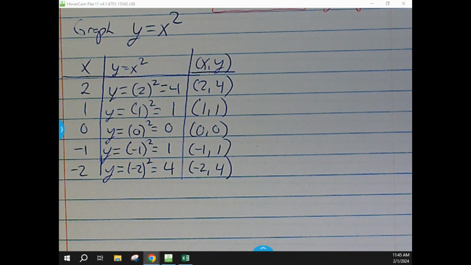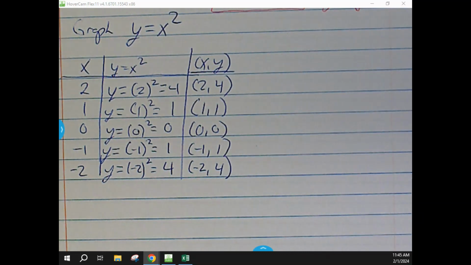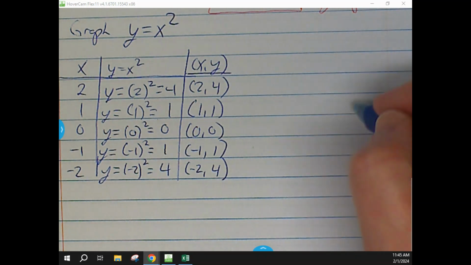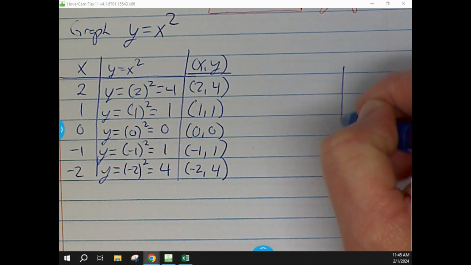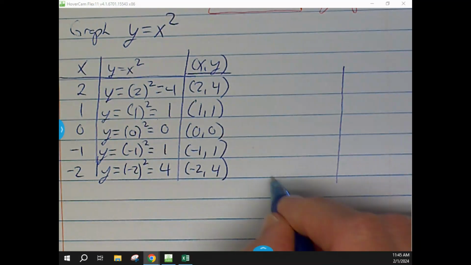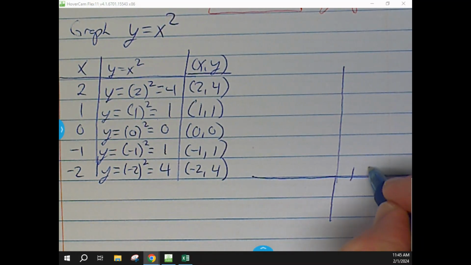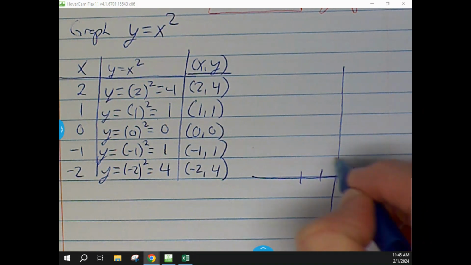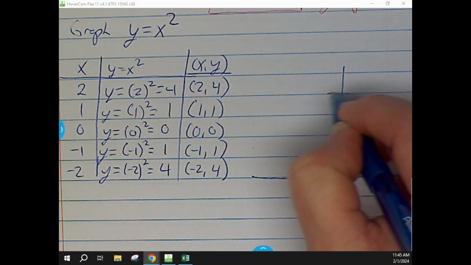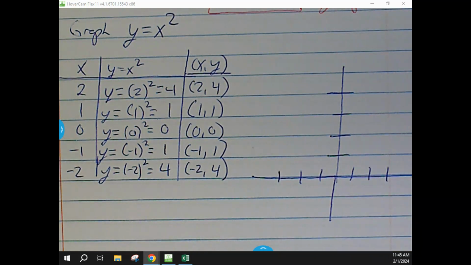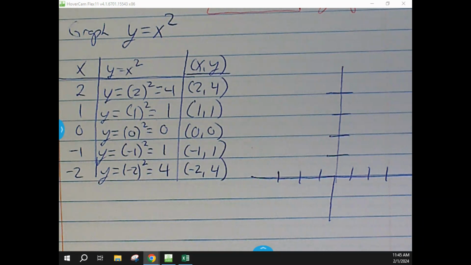Okay, and as far as points, we could plot 10 more points if we want to. But as far as just being able to graph something, that should be good enough. So over here beside it, I'm going to take these points we've got and make a chart. Okay, so there's our graph.